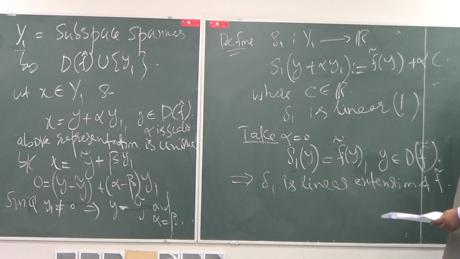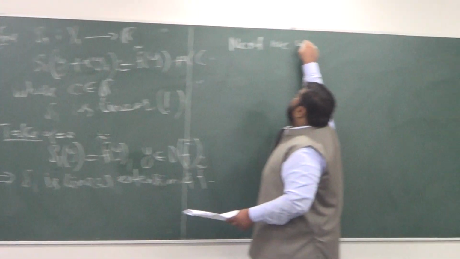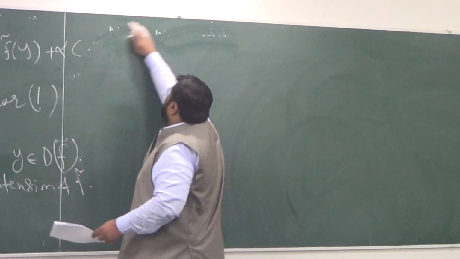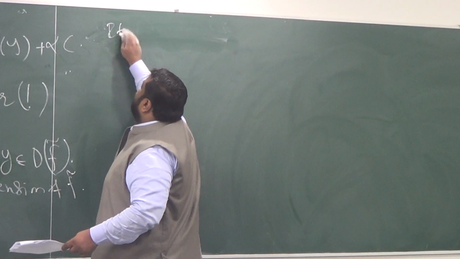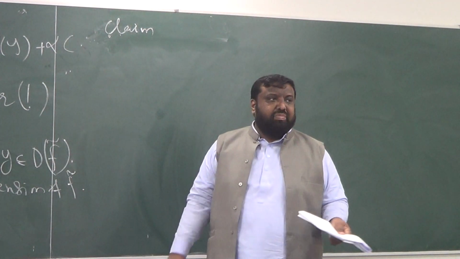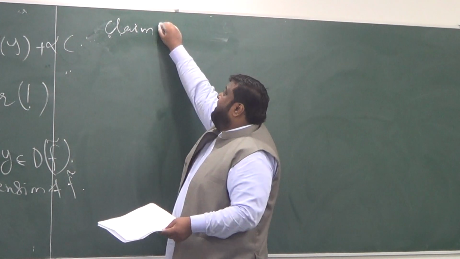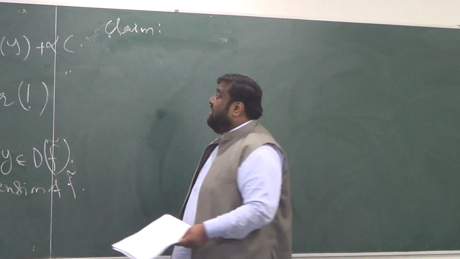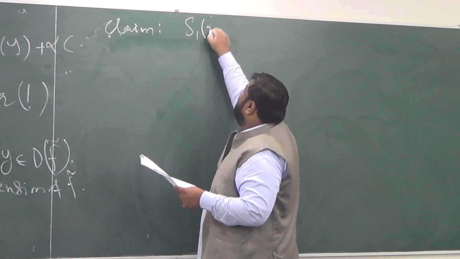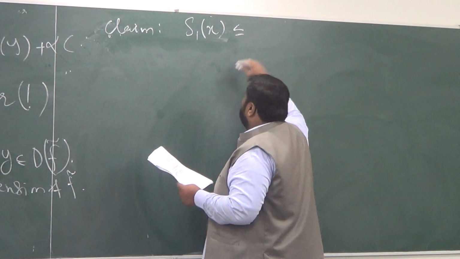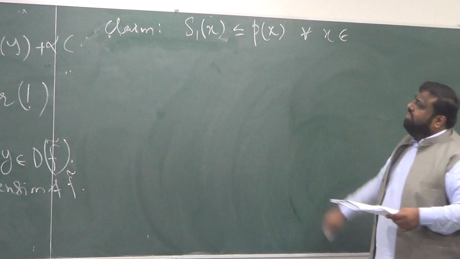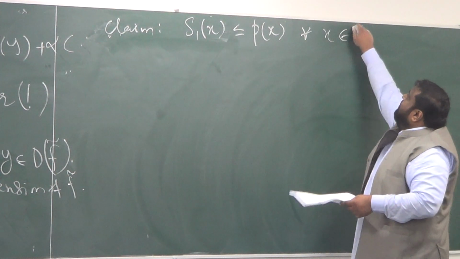So next we would like to show, so the next claim, which we can say is roughly step 3. Okay, it is not that straightforward. So the next claim is that g1 of x is less than or equal to p of x for all x in the domain of g1, which is y1.